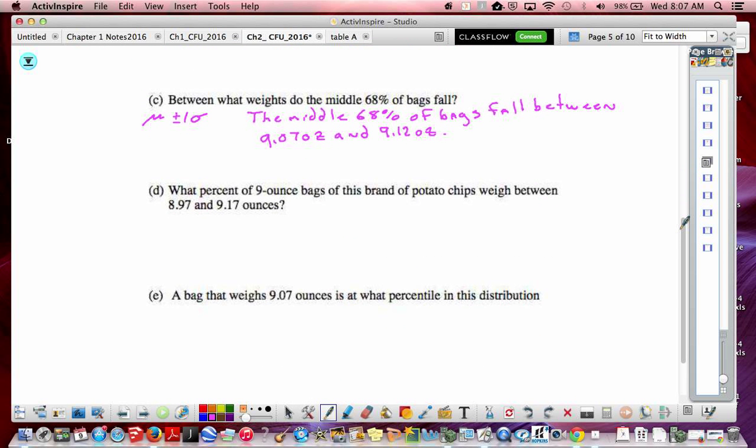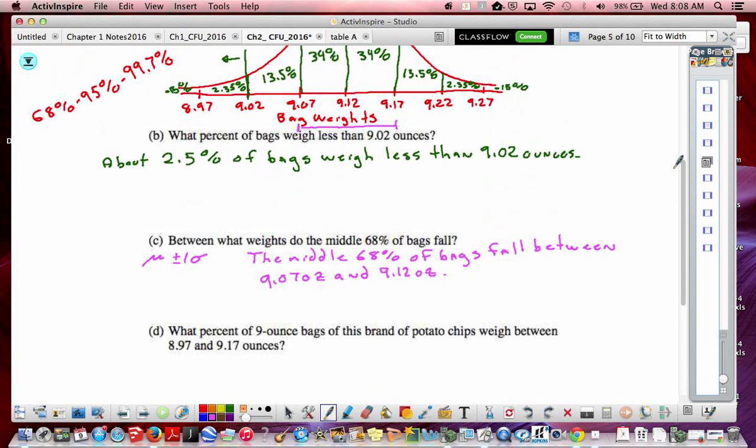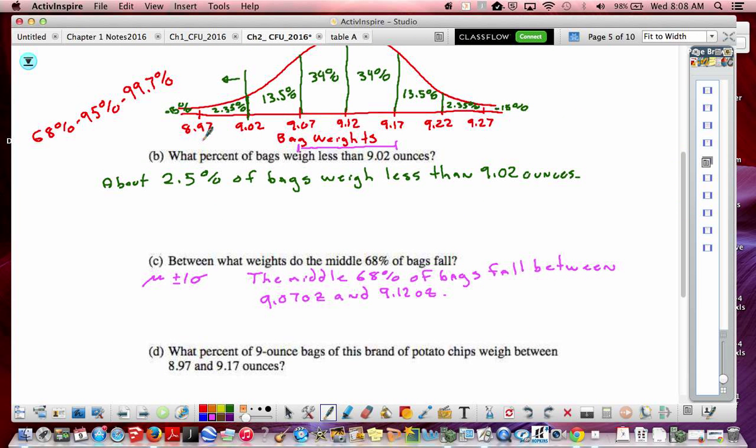Continuing on, what percent of the 9-ounce bags of this brand of potato chips weigh between 8.97 ounces and 9.17 ounces? So let me choose a different color here. I haven't used purple yet. So we're going from 8.97 here all the way to 9.17. So I'm looking at all of these percentages here.